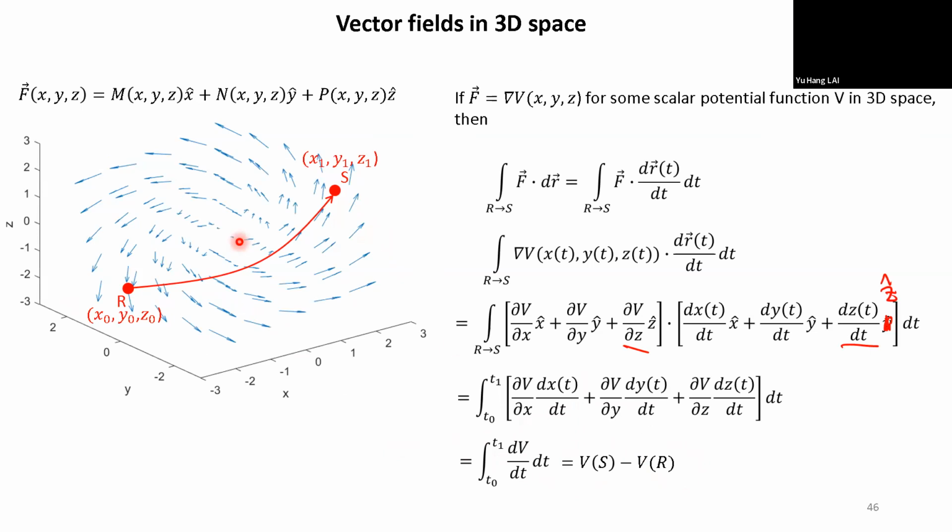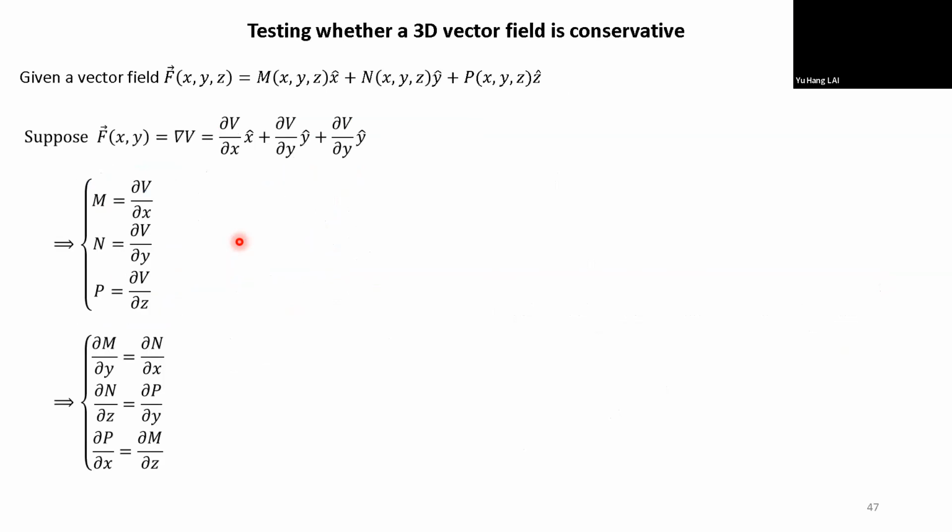So now, again, asking the same question: how do we test whether a vector field in 3 dimensions is a conservative field or not? Again, we are not going to do infinitely many line integrals to test that. So again, we are going to use a derivative test.